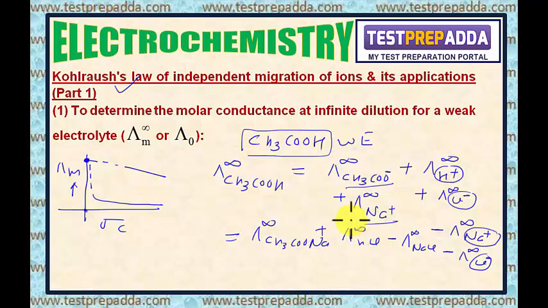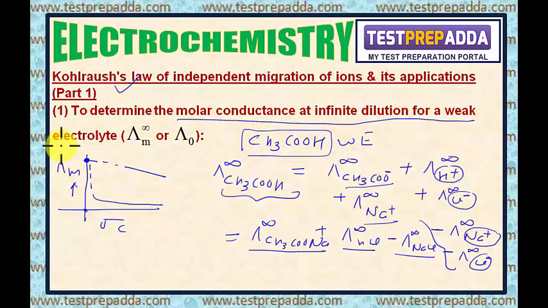NaCl is a strong electrolyte, so its molar conductance at infinite dilution can be found directly from the graph. This we can find directly, this we can find directly, this we can find directly from the graph. So, indirectly we get the value of molar conductance at infinite dilution for CH3COOH, that is a weak electrolyte. This way we find the molar conductance at infinite dilution for a weak electrolyte.